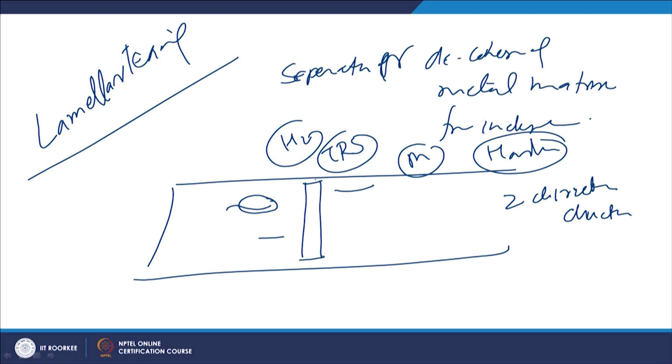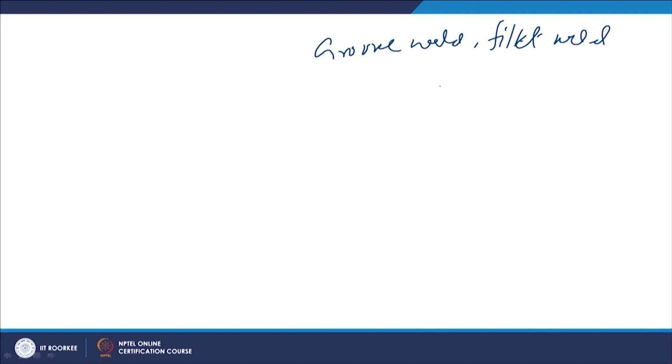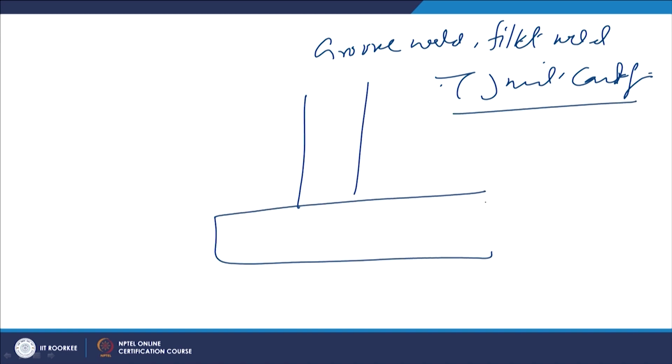So, metals having Z direction ductility less than 15% are found to be sensitive to lamellar tearing. This type of tearing is typically observed in groove weld, fillet weld, and T joint configurations. Like say the joint is typically like this. So, the development of the weld in this manner will set up higher residual stresses in the weld zone.